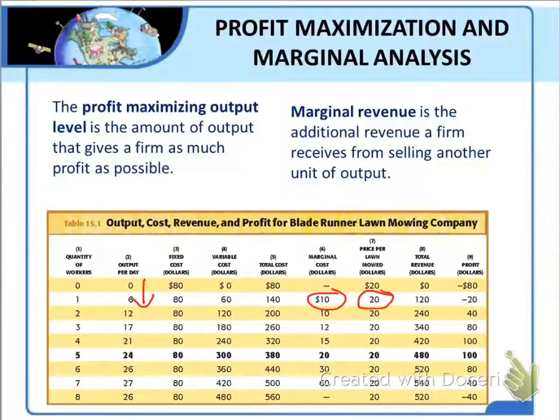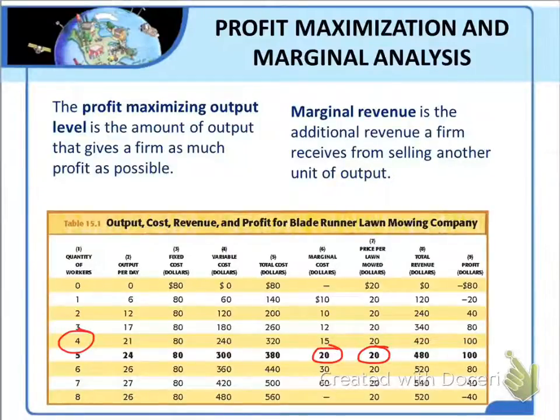As you can verify in this table that shows the marginal revenue of $20 continues to exceed the marginal cost. In other words, 20 is greater than 10, it's greater than 12, it's greater than 15, and then when we get to this point right here, the marginal revenue and the marginal cost are the same. They're both 20. So it increases in output up to 21 lawns. So Blade Runner will hire at least the 4 workers needed to mow 21 lawns.